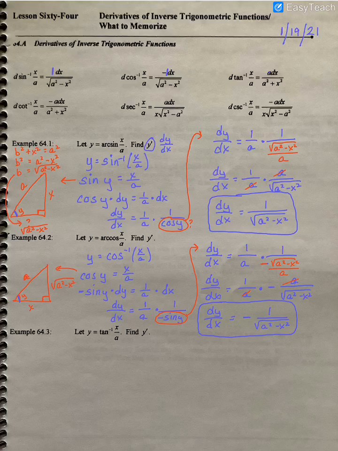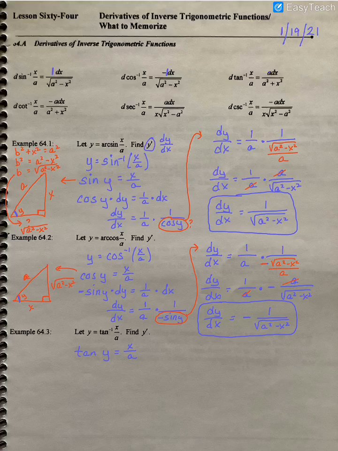So if y equals tangent inverse of x over a, okay, take it out of inverse form. Sorry, flip those inputs and outputs. So the tangent of y equals x over a.